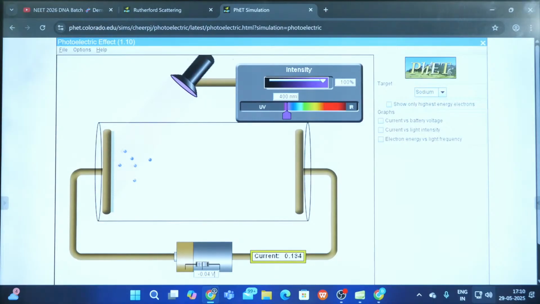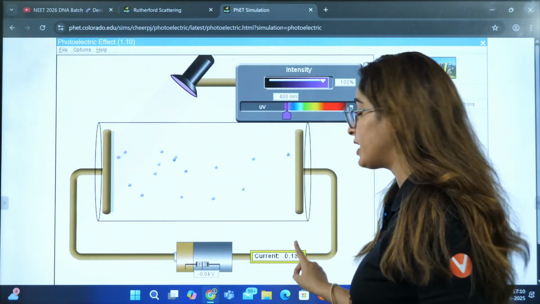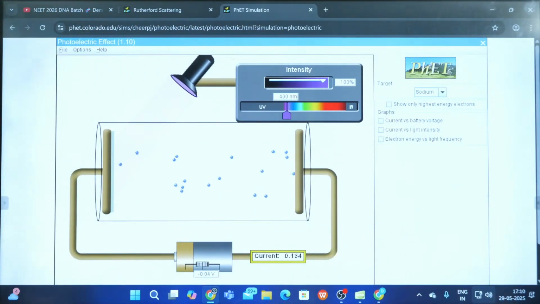You will see the decrement. This is 0.013... this is 0.134. Now, when you decrease it further, -0.06, can you see the current has decreased? When I decrease it further, it will decrease further, right?